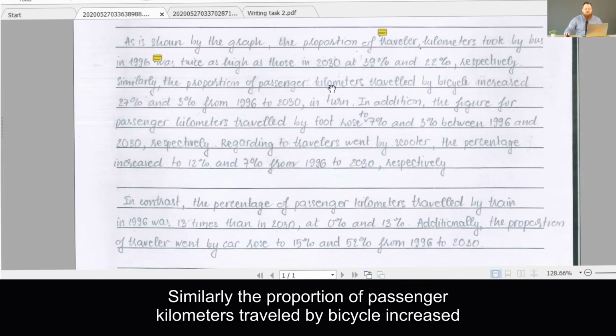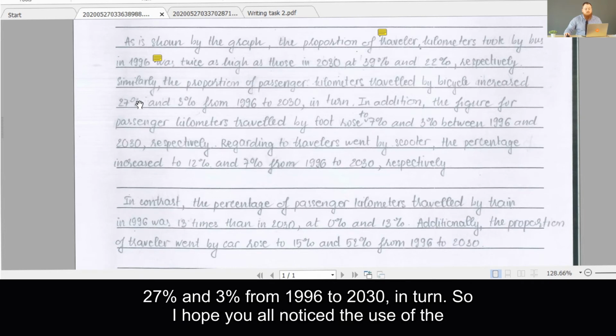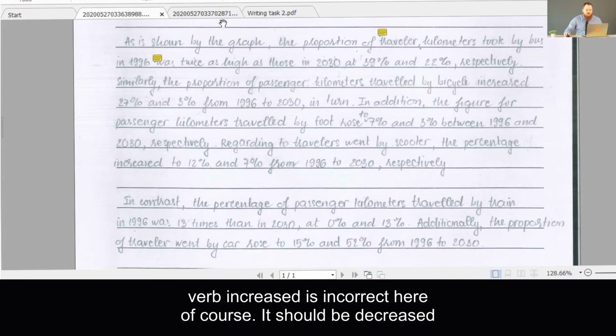Similarly, the proportion of passenger kilometers traveled by bicycle increased 27% and 3% from 1996 to 2030 in turn. So I hope you all noticed the use of the verb increased is incorrect here. Of course, it should be decreased.